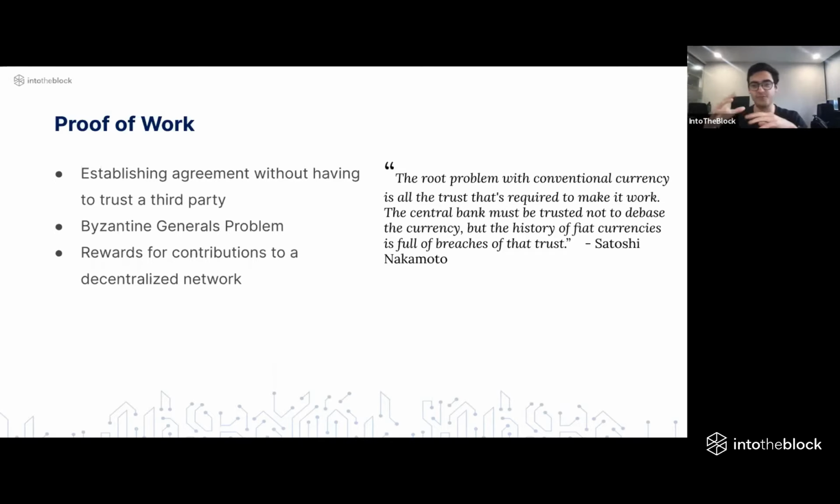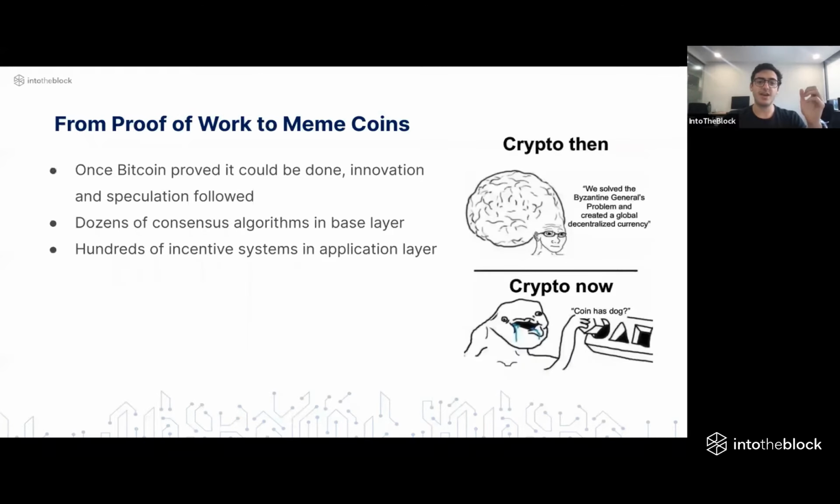I know it's a bit of jargon there, but in short, it's just a system to reward contributions in a decentralized network. And since then, crypto has gone a long way to some less serious applications as well, as this meme implies.